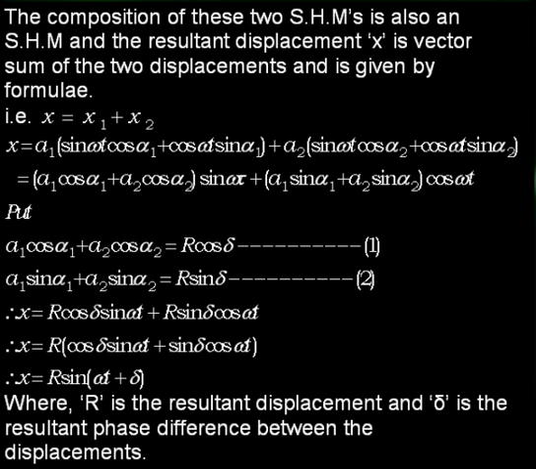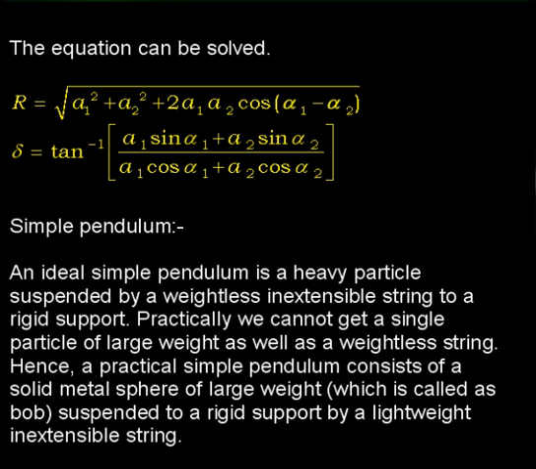The composition of these two SHMs is also an SHM, and the resultant displacement x is given by the formula x is equal to R sin(omega t plus delta), where R is the resultant displacement and delta is the resultant phase difference between the displacements.